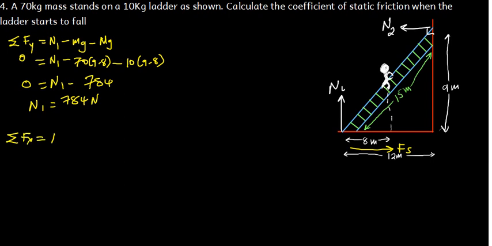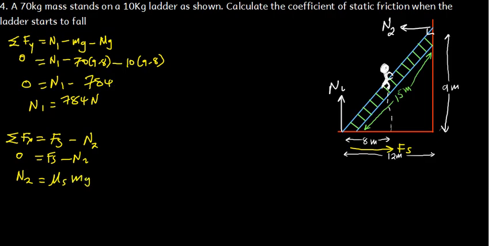Now considering the net forces in the x, what is going in the positive x is static friction, and in the negative x, that is N2. So this of course is going to be 0, and then we've got static friction minus N2. I'll take N2 the other side. N2 is going to be equal to static friction, which is mu s times Mg.